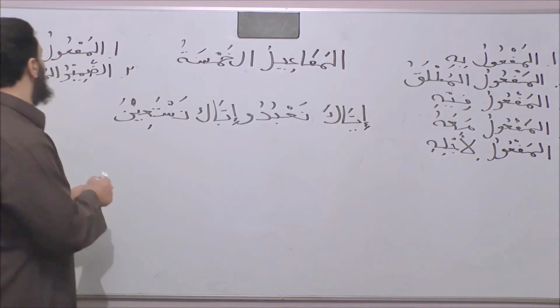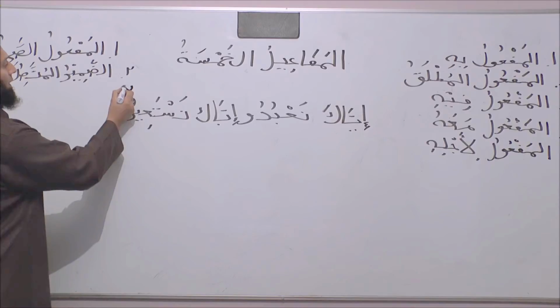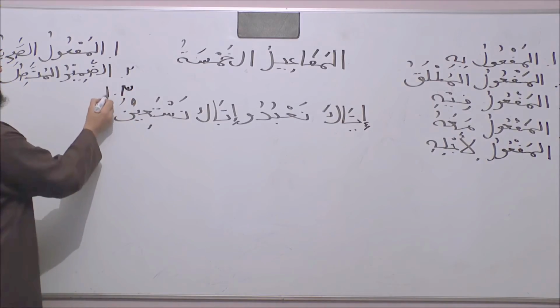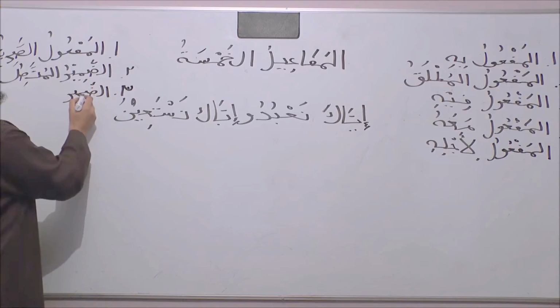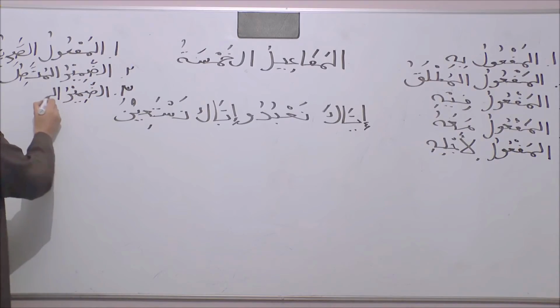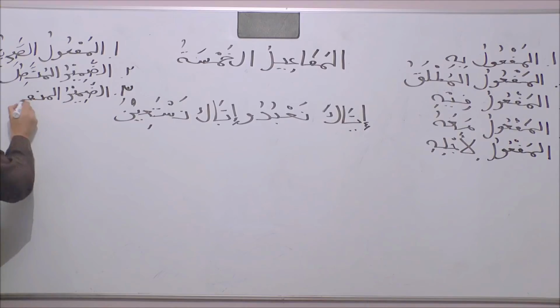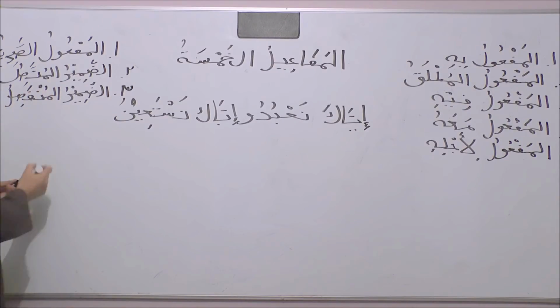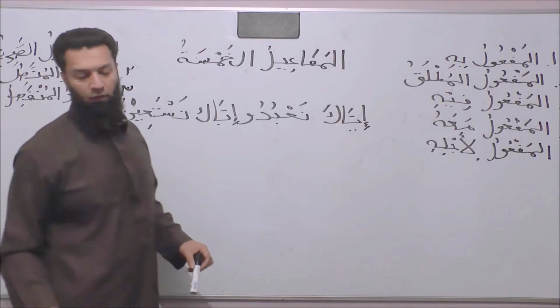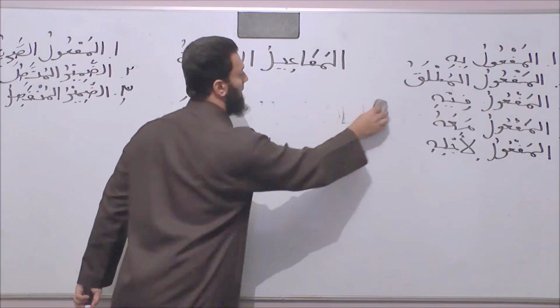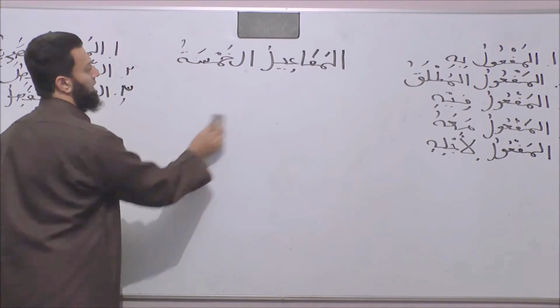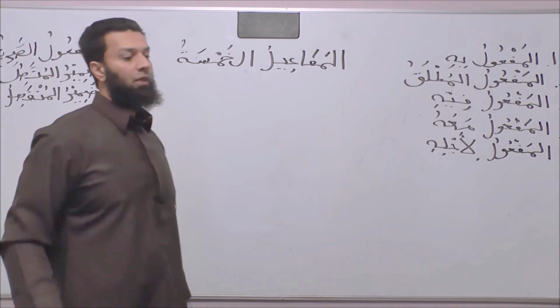So iyyaka therefore is the third type of al-maf'ulu bihi, ad-damiru al-munfasilu, which again is not particularly complicated to understand, insha'Allah ta'ala.